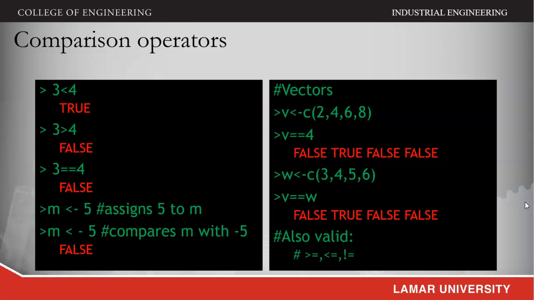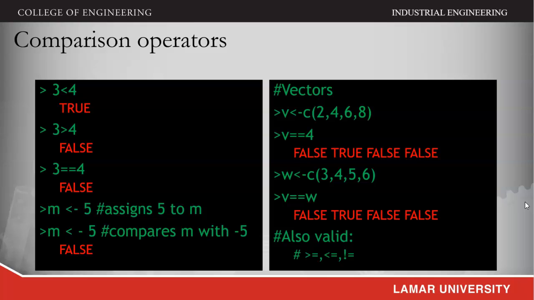Whereas if I insert a space between the less than sign and the negative sign, then it's going to compare m to the value of -5. And the output is going to be false, in this case, because we just assigned positive 5 to the value of m. So we need to be careful with these operators.